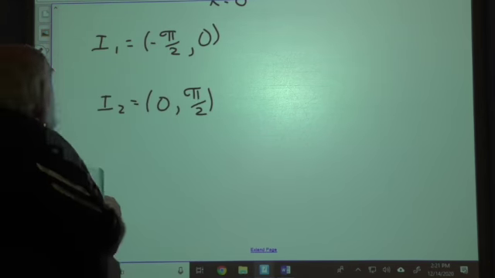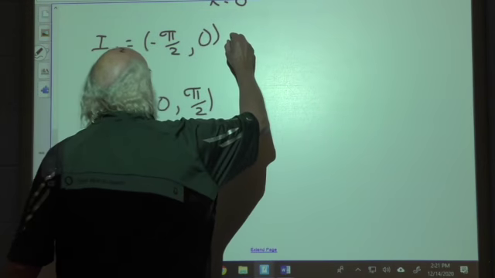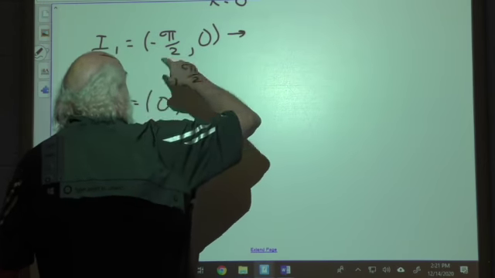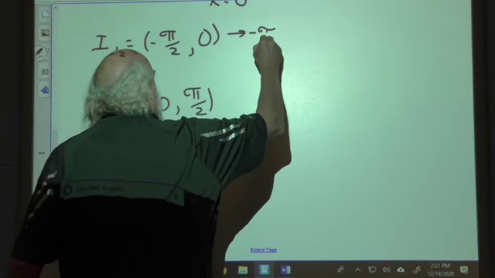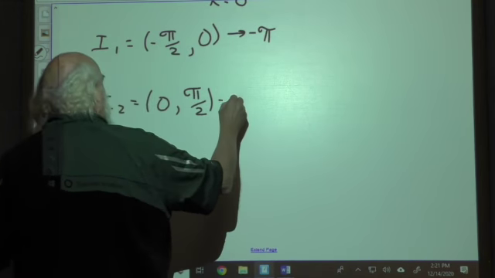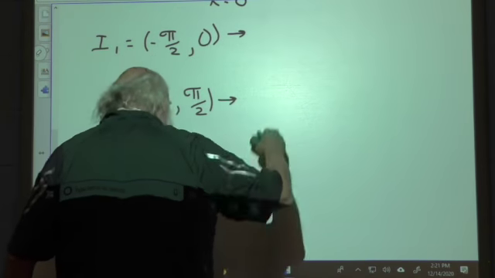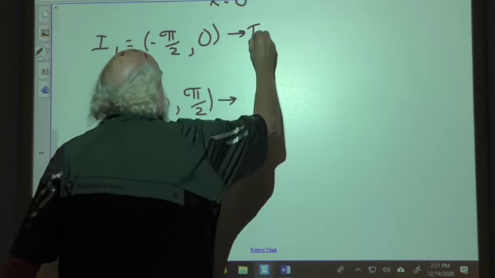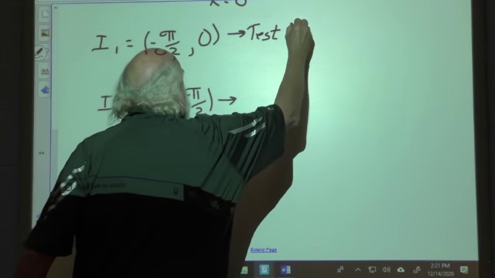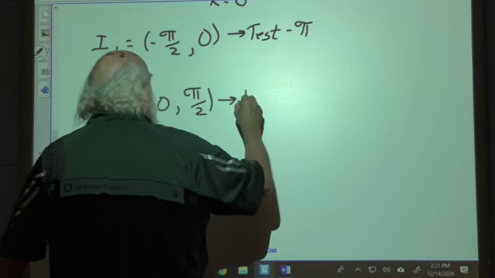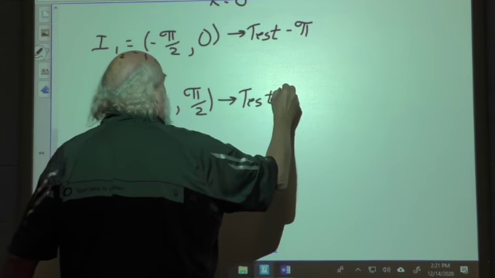Okay, so that means that we're going to test something here. So I'm going to test this with negative pi, and I'm going to test this with positive pi. We're in the world of ping pong. So we're going to test negative pi here, and we're going to test positive pi here.